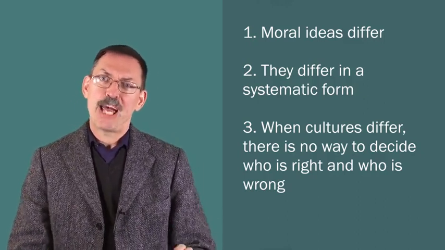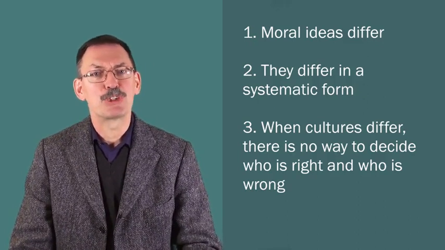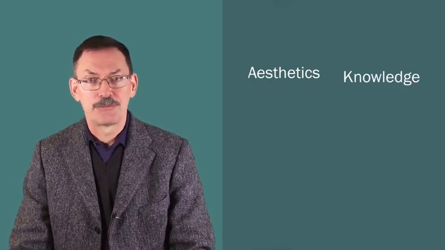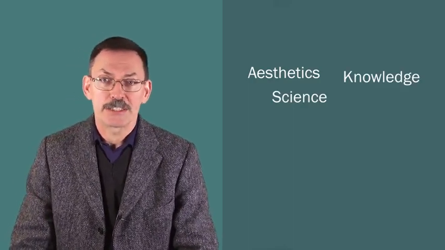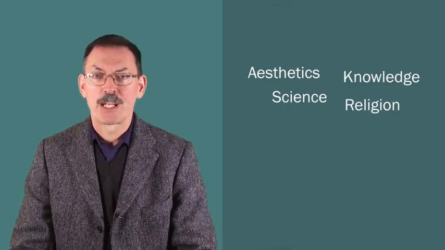So let's step back from the case of morality and try to formulate the idea a bit more generally. Morality is one domain in which we judge, but there are also other domains in which we judge. We judge, for example, about questions of taste. In aesthetics, we have the domain of knowledge. We have the domain of science. And maybe we have other domains as well, like the domain of religion.